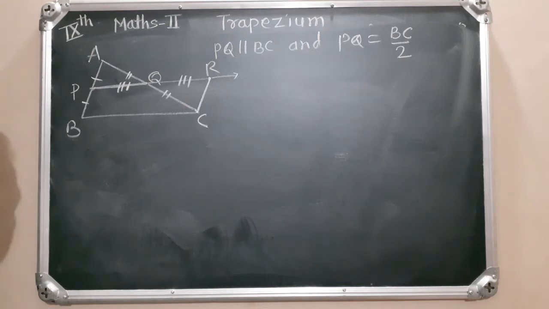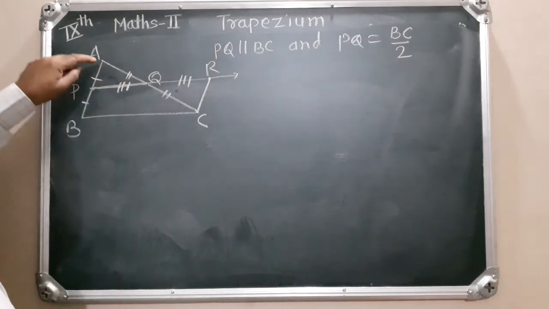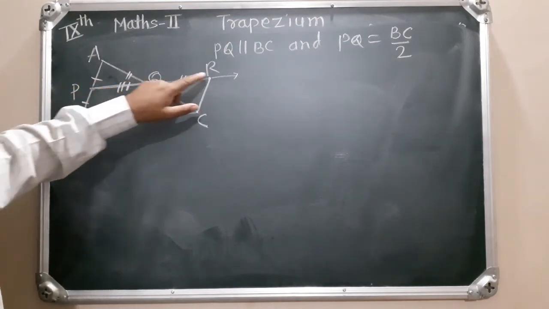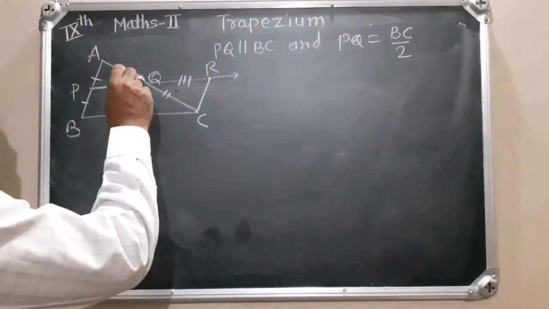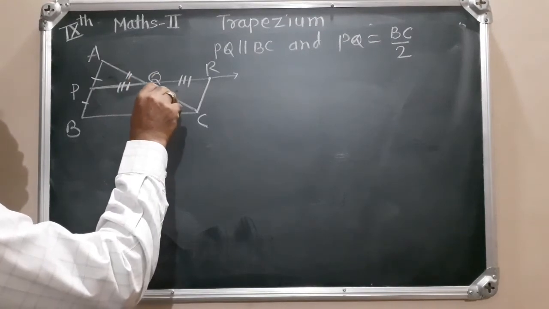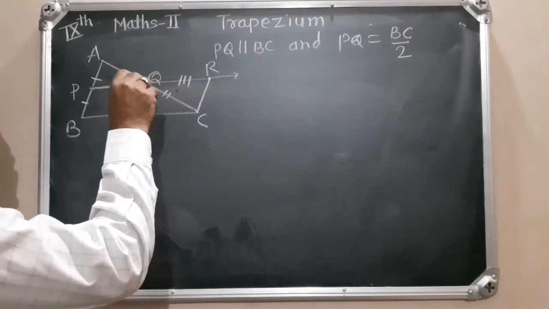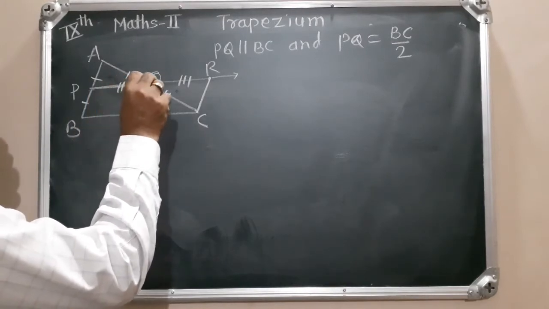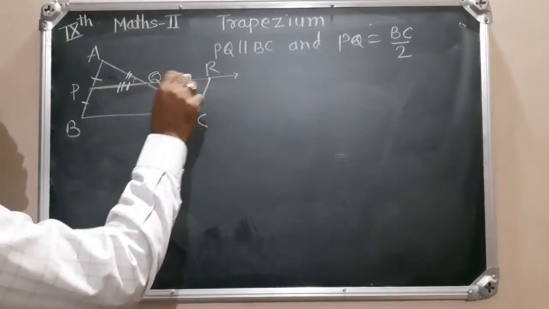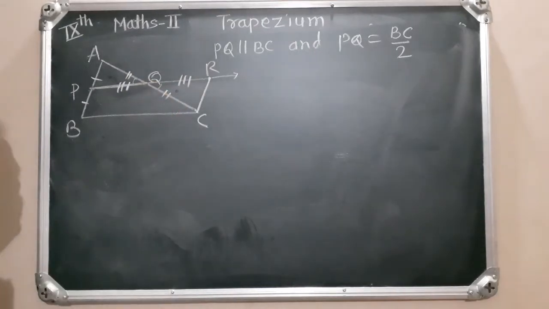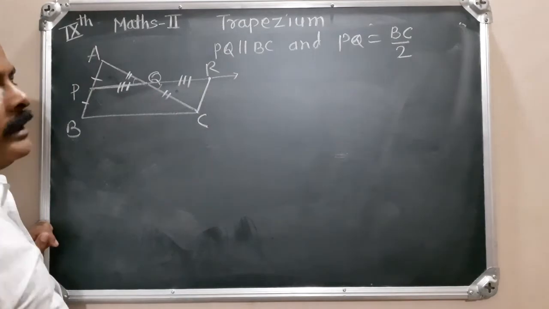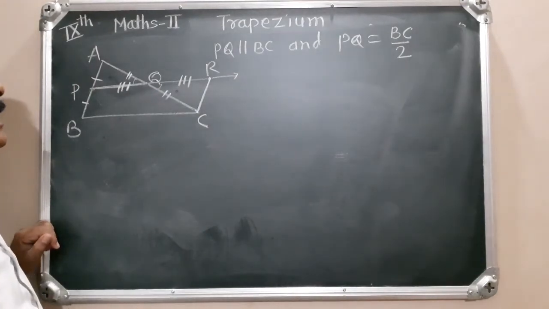Now see in these two triangles, AQP and triangle CQR. Side AQ is congruent to side QC. This is given. Angle AQP is congruent to angle CQR, vertically opposite angles, and side PQ is congruent to side QR, construction.